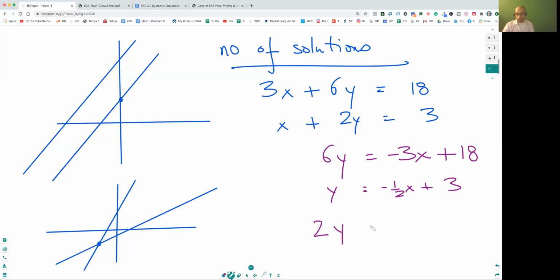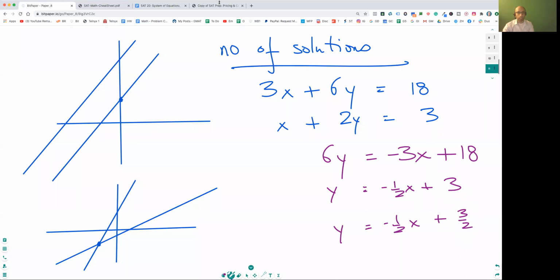You write down 2y is equal to negative x plus 3. Now divide by 2. So you get y is equal to negative half x plus 3 over 2, right? So remember, these are different. That's a little bit of a strange one.